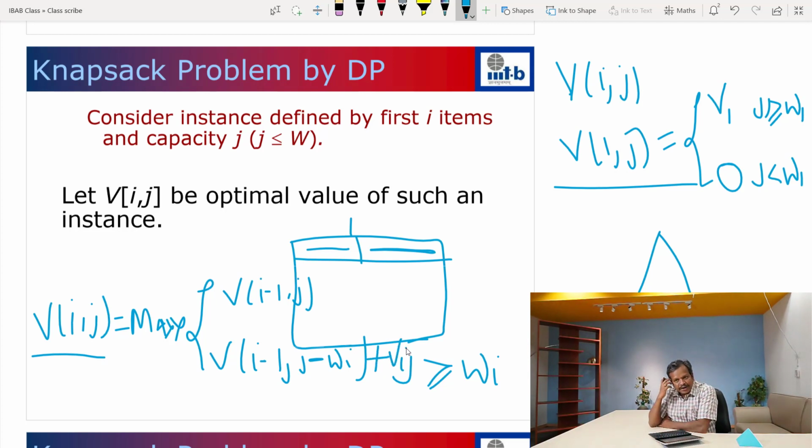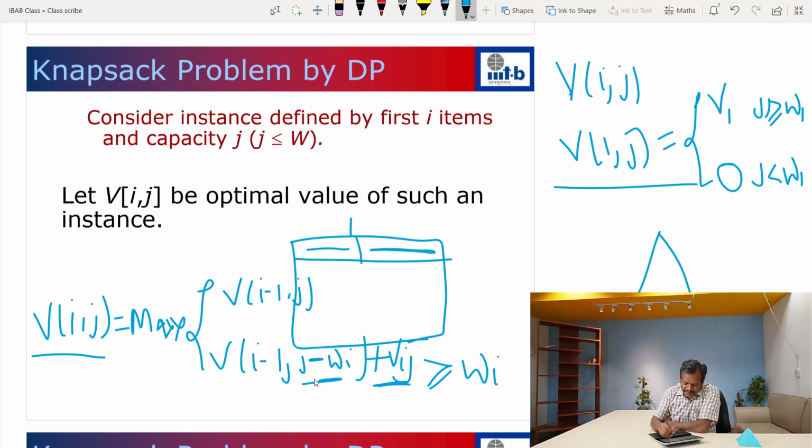So the equation that I am going to get is v of i plus v of i minus 1 comma j minus wi, right. Since I have picked the ith item, I make a profit of v of i, and I use a space of wi in the knapsack. So in future, I can only use a knapsack of size j minus wi.